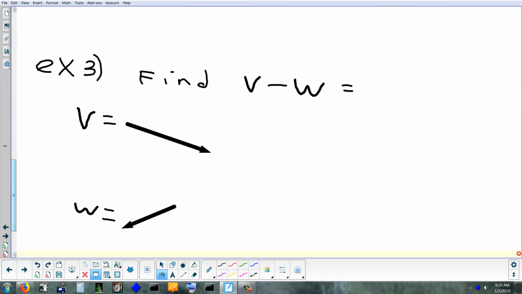I don't want to think of it as having subtraction. I want to think of it a different way. Yeah, let's think of it as v plus negative w.